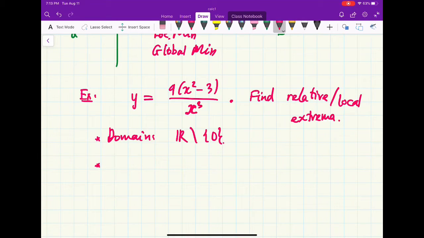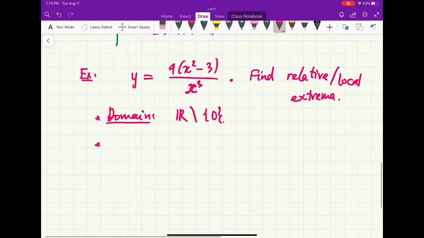So we need to find all points in the domain such that the derivative is equal to 0 or does not exist. And this is why we need to find the derivative. We always need to find the derivative.